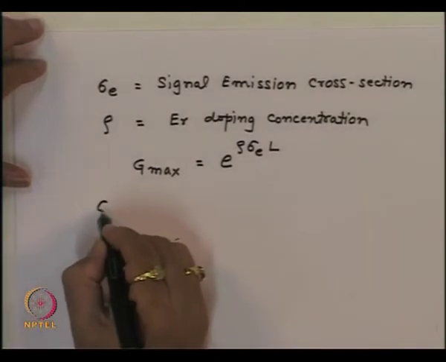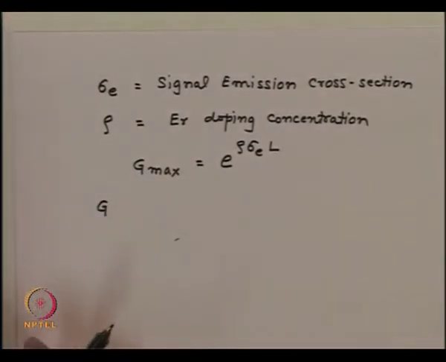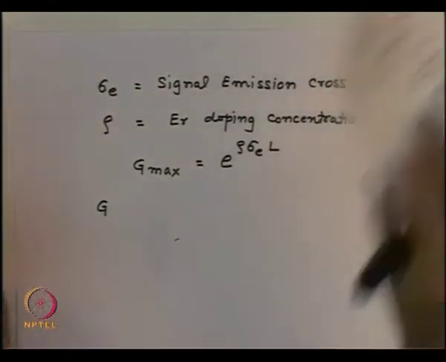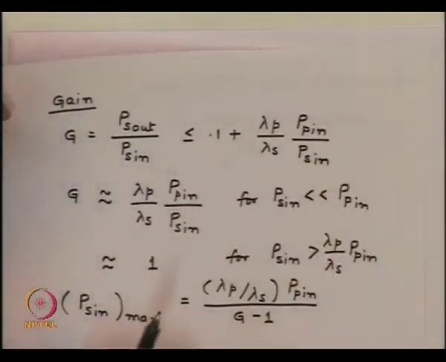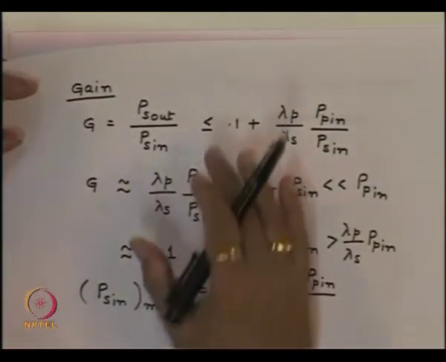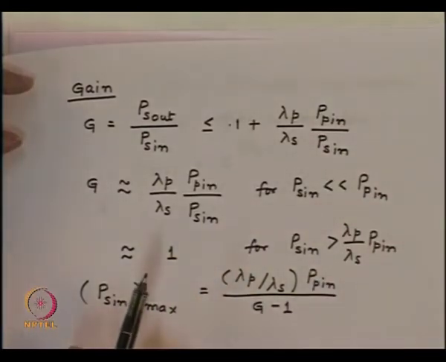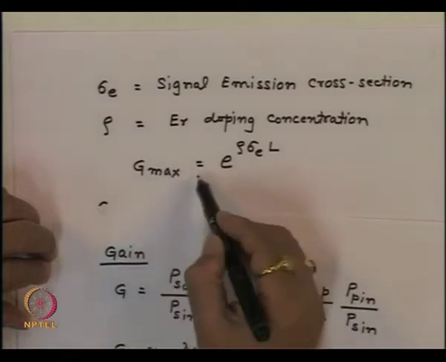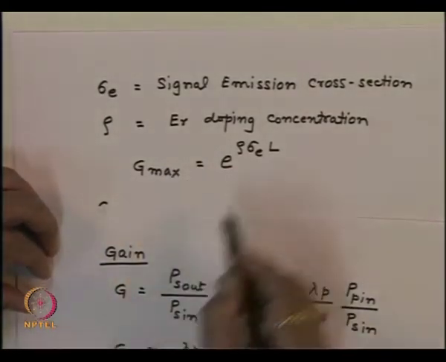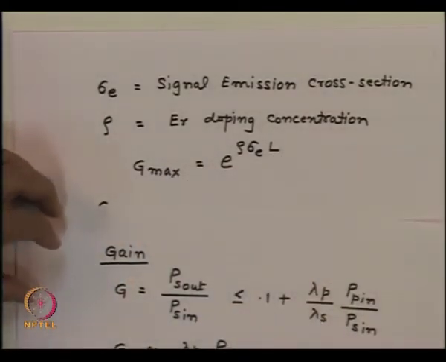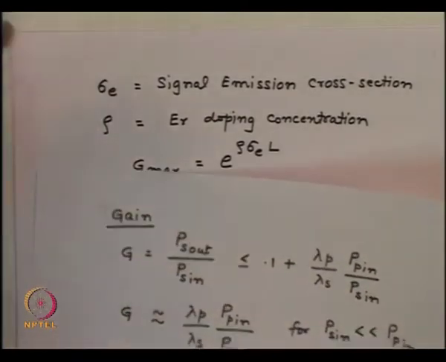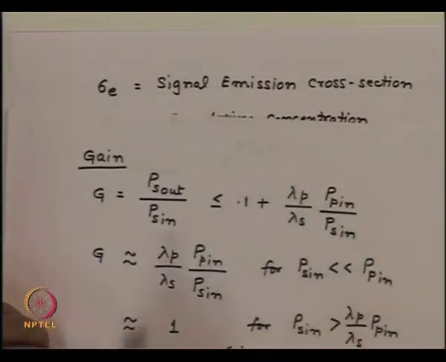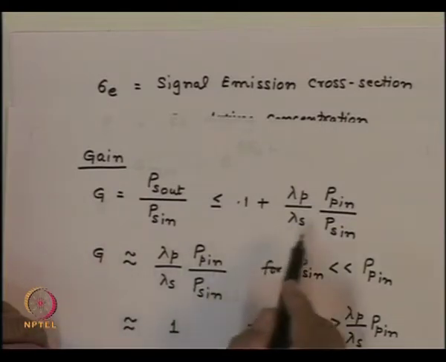Now the gain actually depends upon two things. One is the saturation effect which we saw, which is because of this quantity. So as the power starts growing, essentially the gain will start dropping. So I have two things. One is this factor which shows the gain going up as the length is increasing, but as the signal starts growing, the saturation effect starts coming into the picture, and because of that the gain drops again.